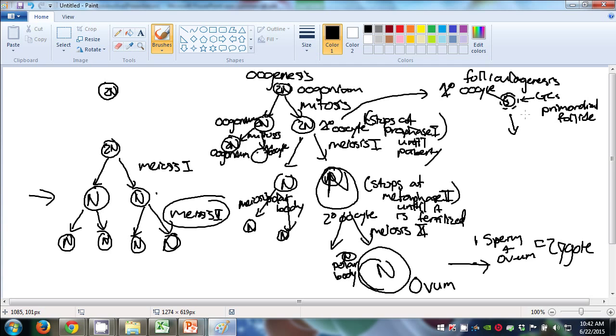So from primordial follicle, it becomes the cell with now cuboidal cells around it. What are these cuboidal cells called? Granulosa cells, right? What do you call this cell in the middle here? Still primary oocyte, okay? But what do you call this follicle? Primary follicle.